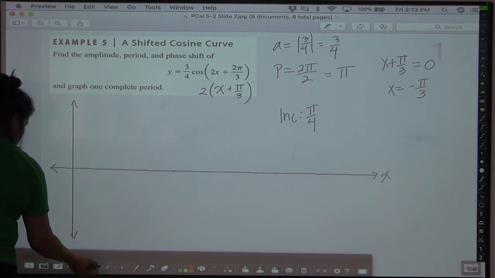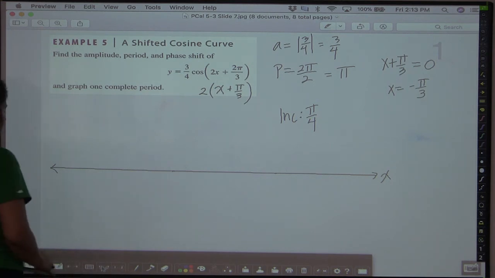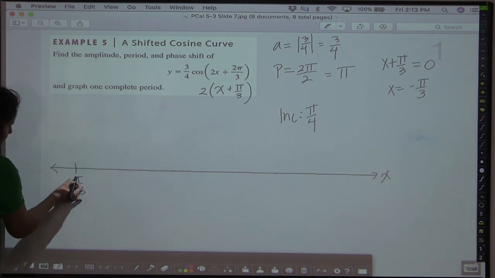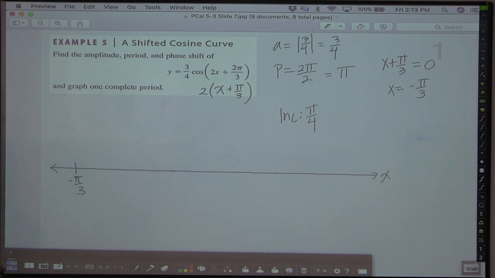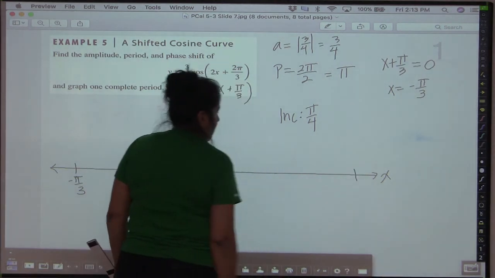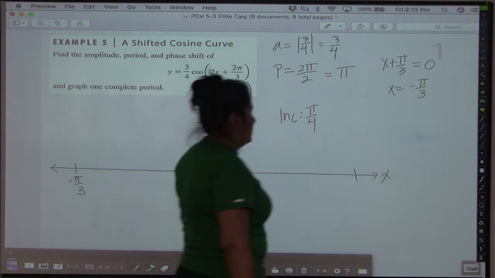So my MOLO, I shouldn't have put that y-axis there yet, because now I know that I'm starting at negative pi over 3. The problem here is that I'm not starting at 0, I'm starting at negative pi over 3, and I'm going to end over here somewhere. Remember, to figure out where I'm going to end, I have to take where I started from.